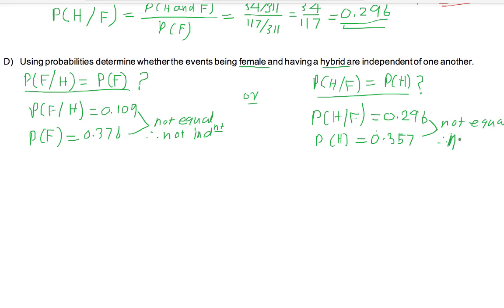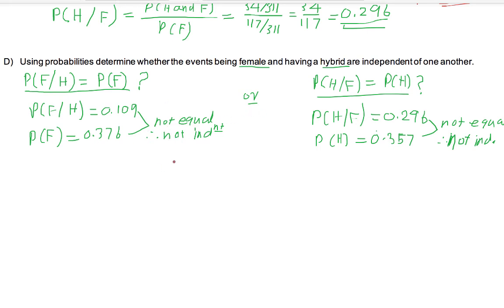Now I will write down, not independent. If these two are equal, then we can say H and F are independent. Okay, you can use these two methods.